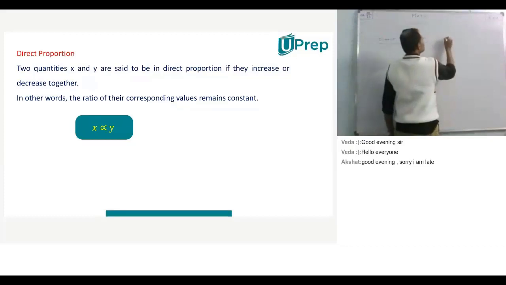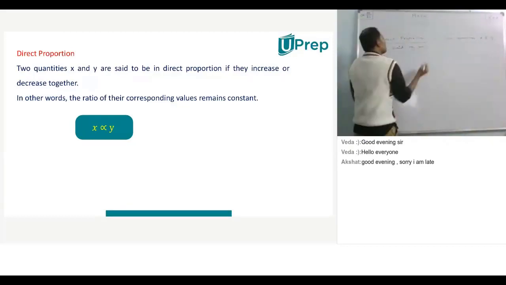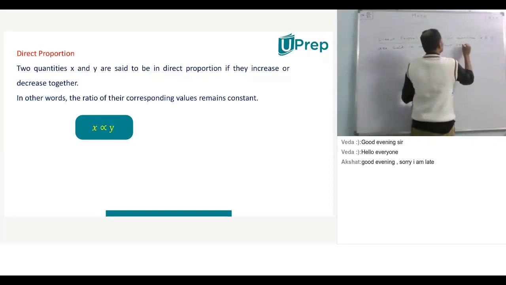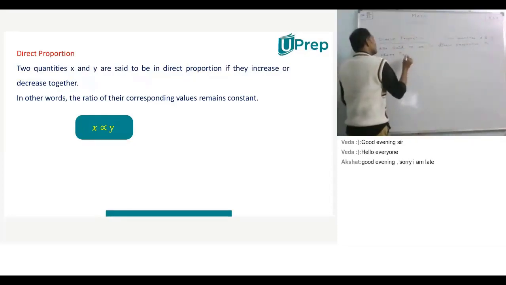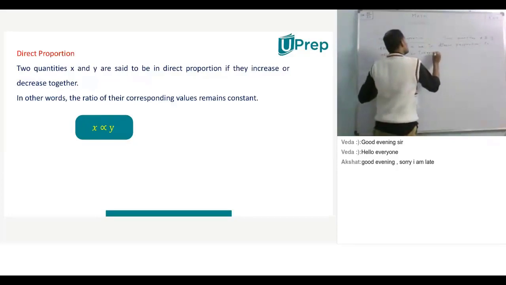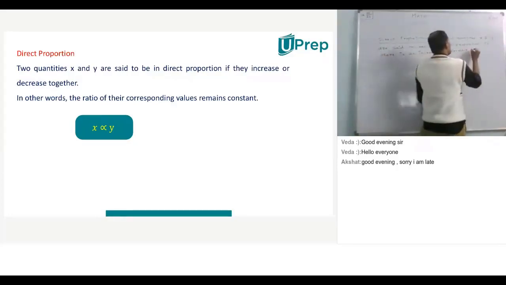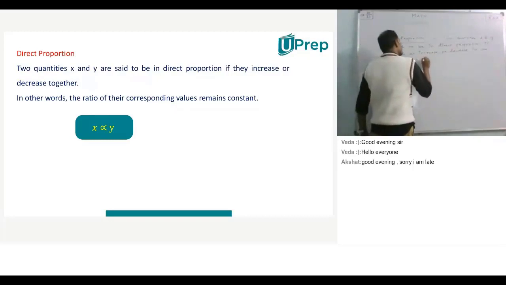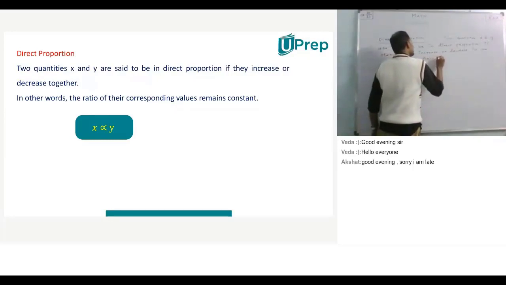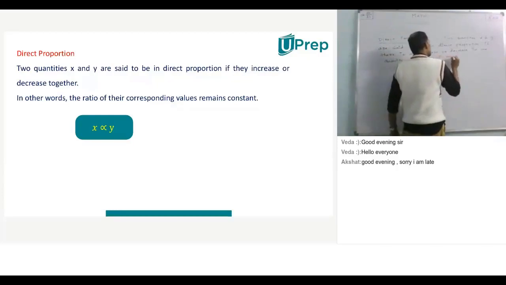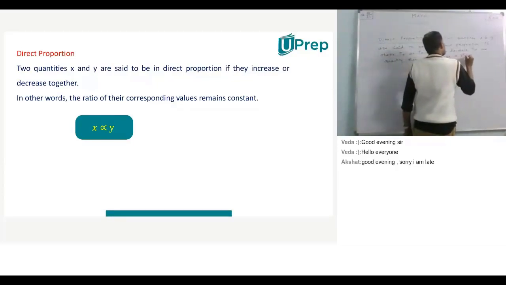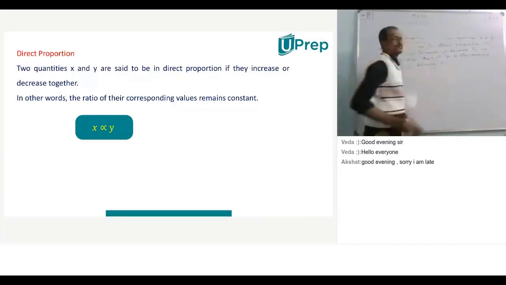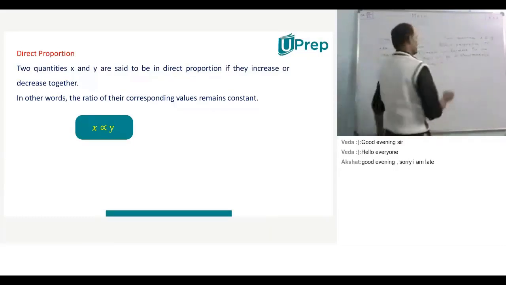Two quantities X and Y are said to be in direct proportion if there is an increase or a decrease in one quantity, then there will be a simultaneous increase or decrease in the other quantity.